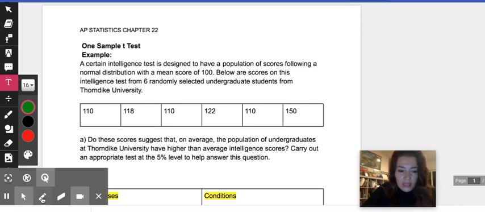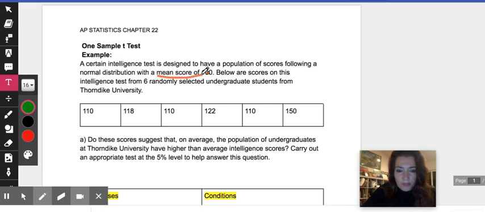The first thing is that they tell us that the mean score is 100. That is a population mean score, so that is our mu. That equals 100. And they are giving us a list of 6 randomly selected students and their scores.